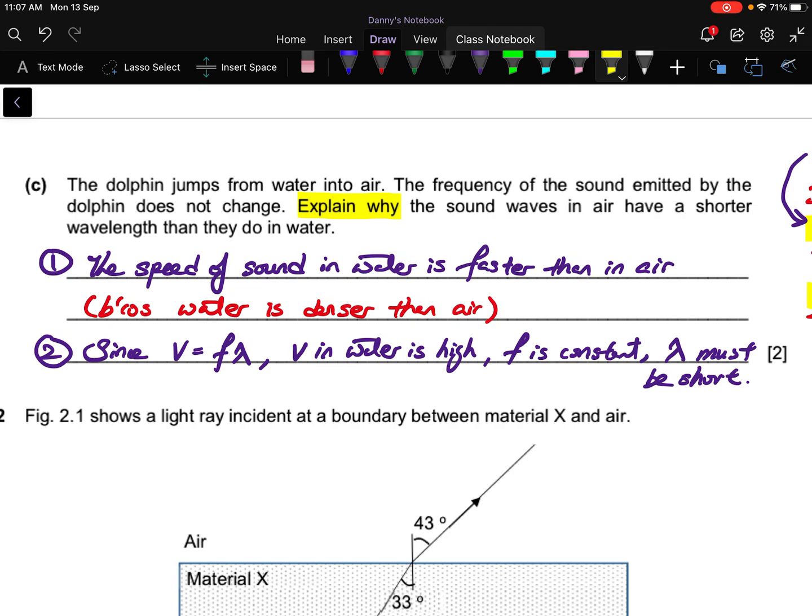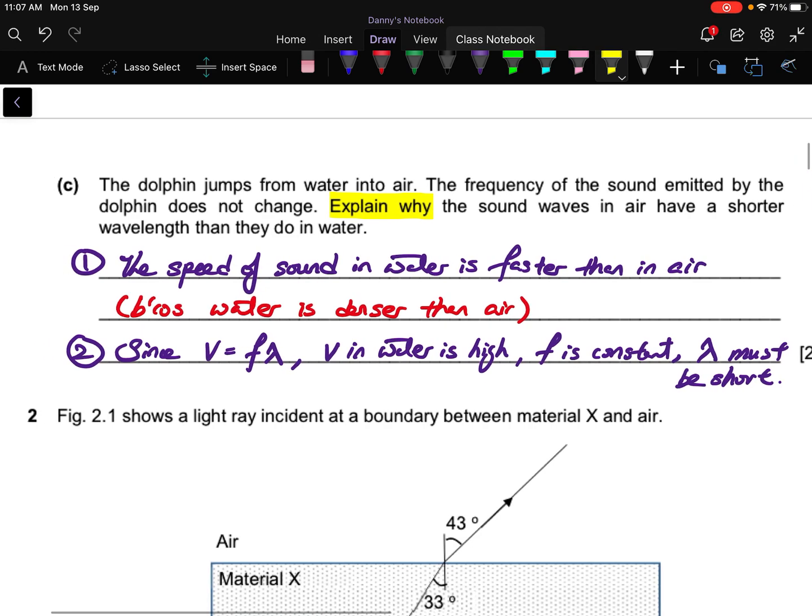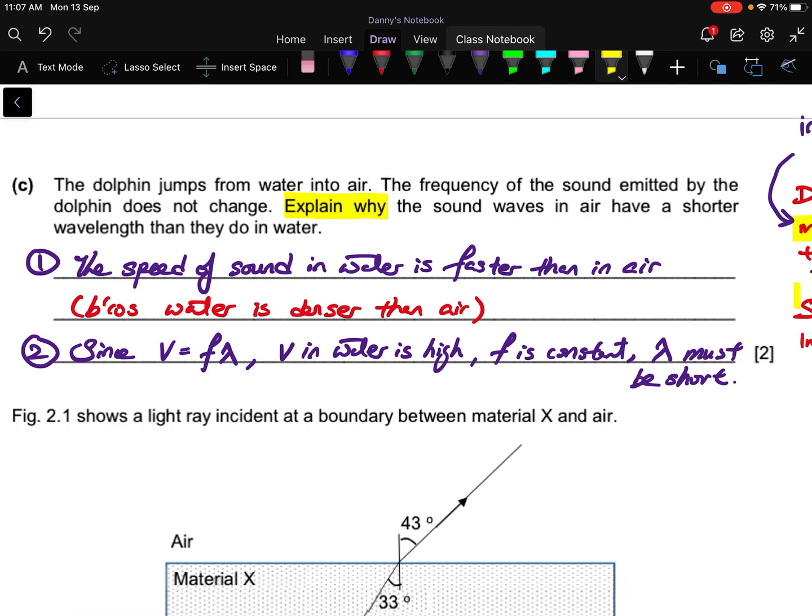Okay, so let's recap on this question first. Here it says that the dolphin jumped from water to air, and the frequency of sound emitted by the dolphin does not change. Explain why the sound wave in the air has a shorter wavelength than in water.